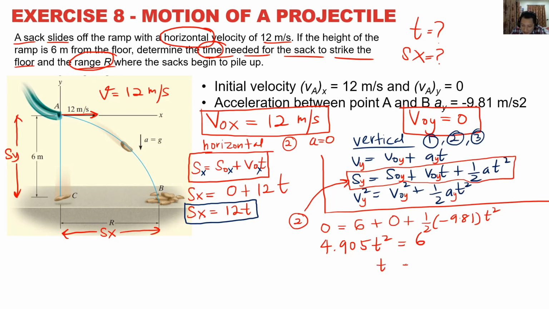So T is equal to the square root of 6 divided by 4.905, which is 1.106 seconds. So this is the time required for the sack to drop on the floor.